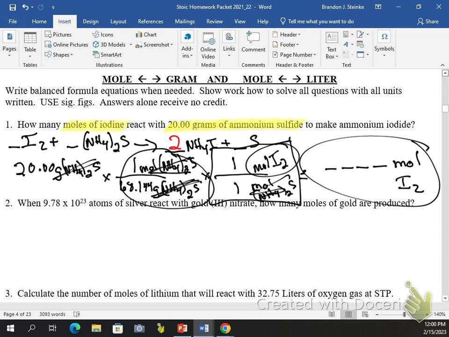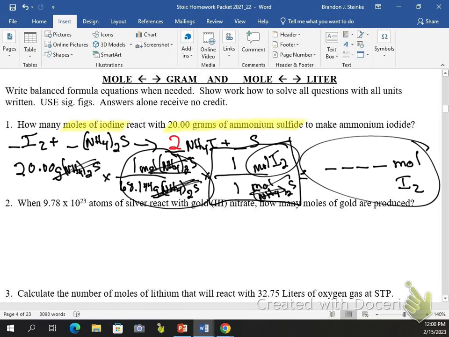Now, the only thing that makes this a little bit longer to do, because we're about to do one like this, is if I start in a mass and I have to end in a mass of something else. What if the question said grams of iodine? Well, I'm currently in moles of iodine. What would I have to do?